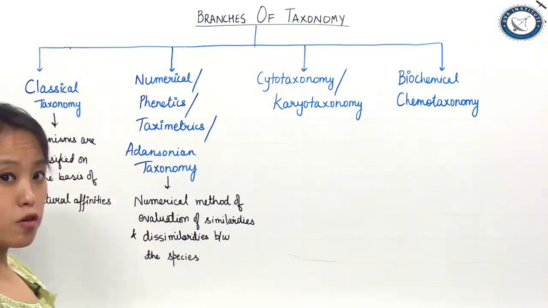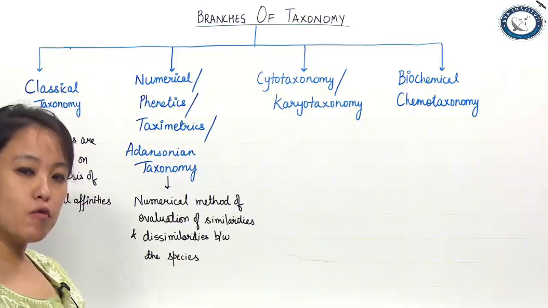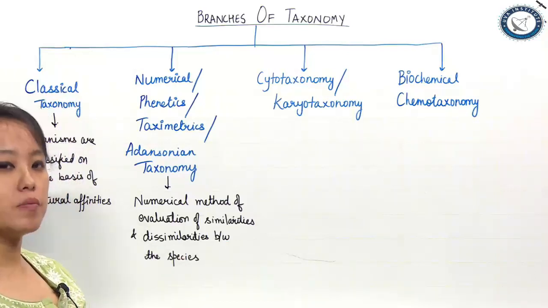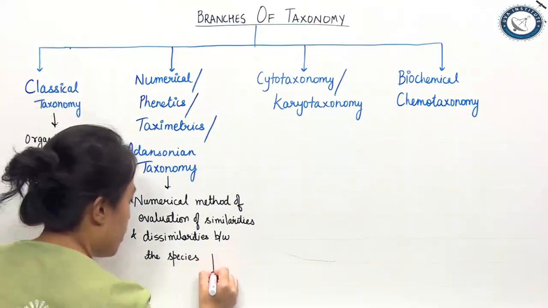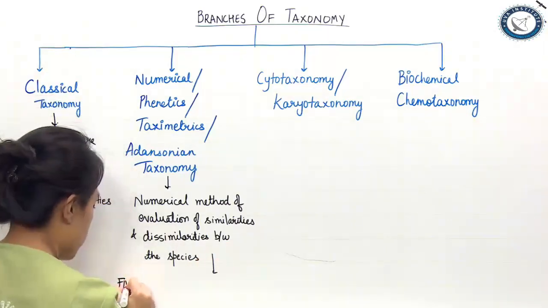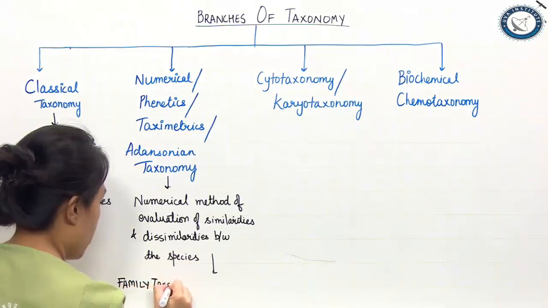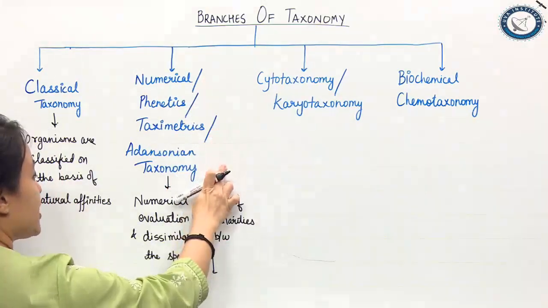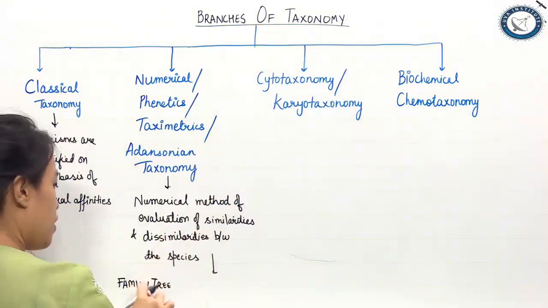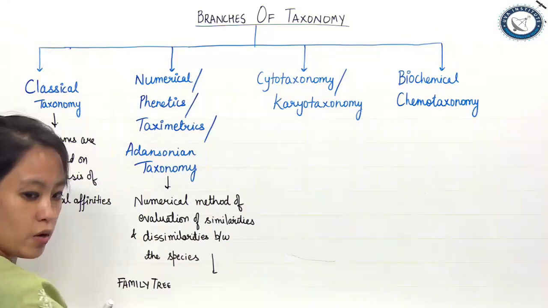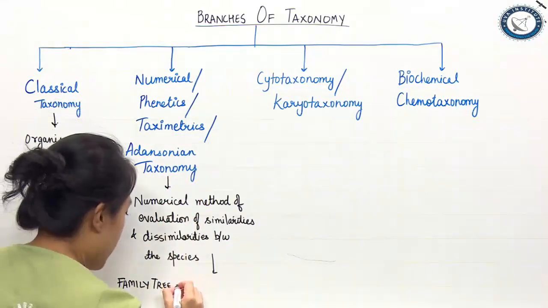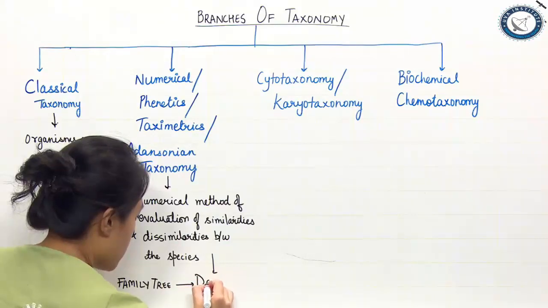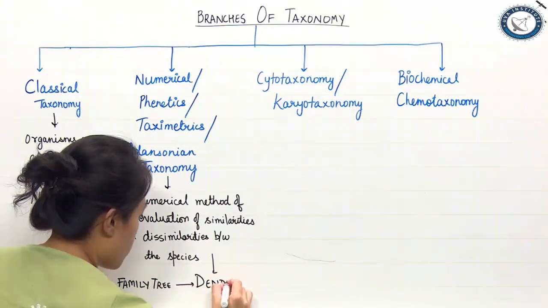And on the basis of numerical method, number of similarities and dissimilarities, they prepare a family tree. And on the basis of this taxonomy, if any family tree is made, that family tree is known as dendrogram.